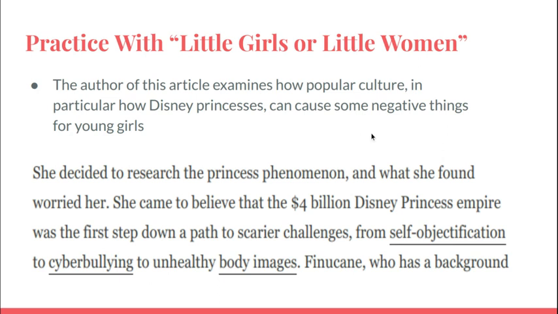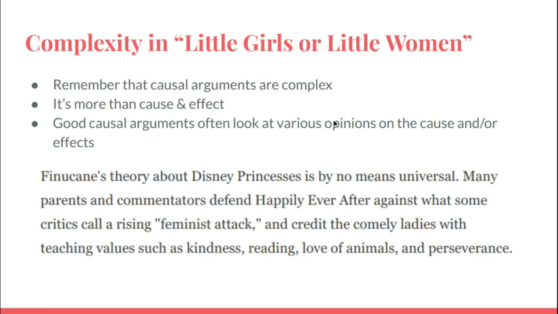So that's just one type of causal argument, right? Where she's looking at not only is this a problem when they're young, but this is a problem that leads to other problems later. So again, complexity. So remember that they are complex types of arguments. It's more than just cause and effect. And we often also look at various opinions within these arguments, right?